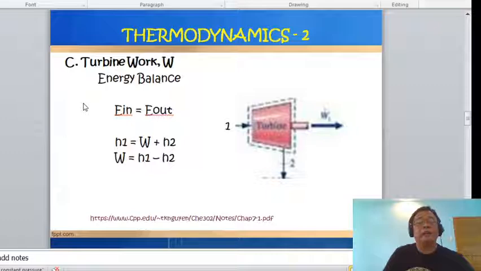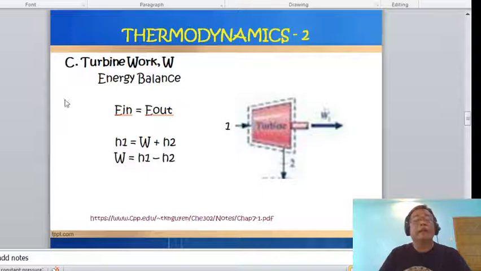If the temperature and pressure of the steam entering the turbine are given, then proceed to the steam table. Okay, so you can easily determine the enthalpy at 1. Okay, and then look for the entropy also at 1, s1. Look for s1 automatically.